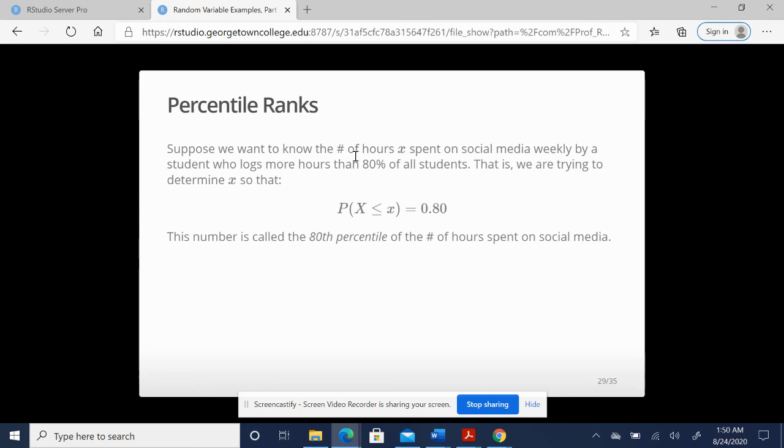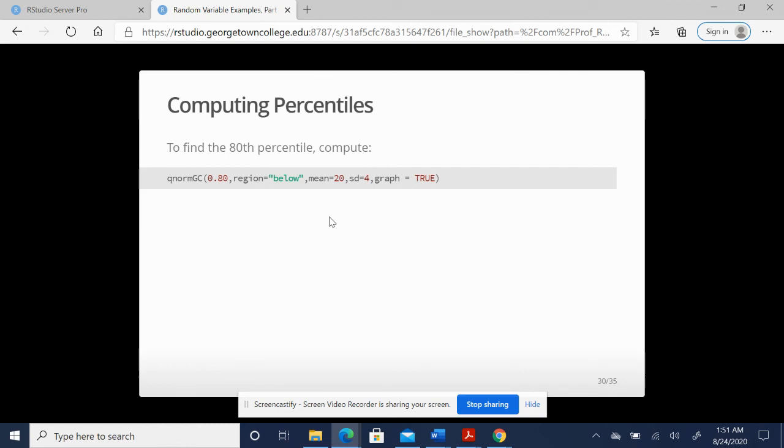So what are we looking for here? We're looking for the length of time on social media that this student would have to spend that would put them in the 80th percentile, okay? Remember we said percentiles were rankings. So we want to know where the cutoff is. Where's the cutoff for 80%? Okay, this is called the 80th percentile, and there is a command on RStudio that will do that for us.